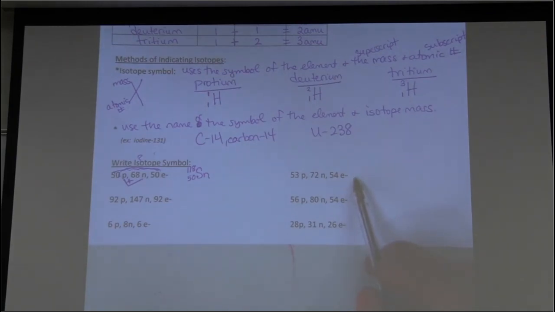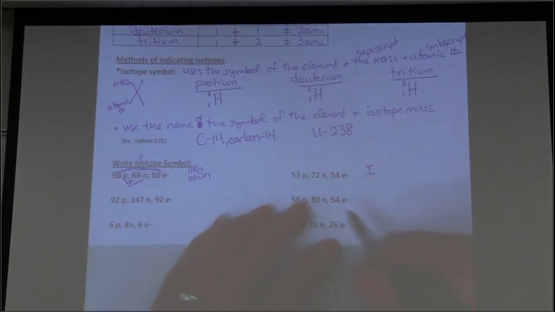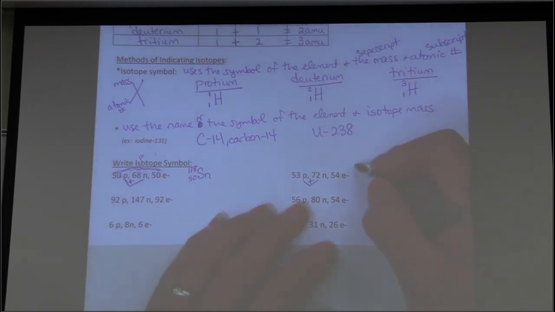Okay, so now go to this side. Who's this? This is iodine. What's the mass? 125. What goes at the bottom? 53.